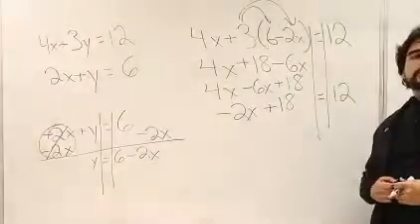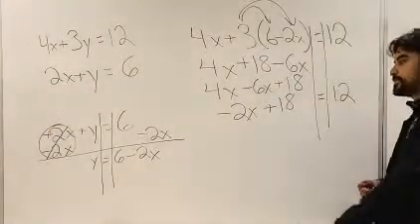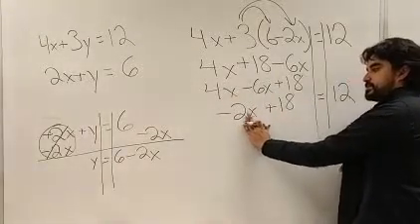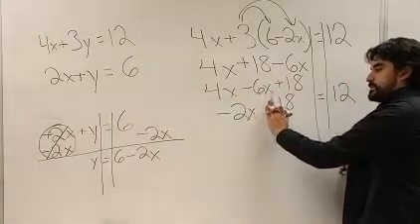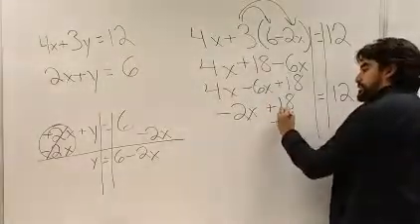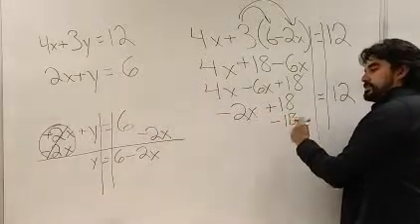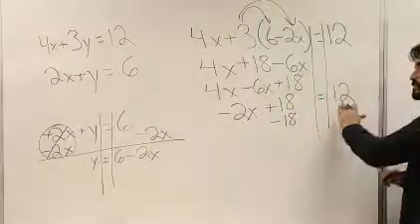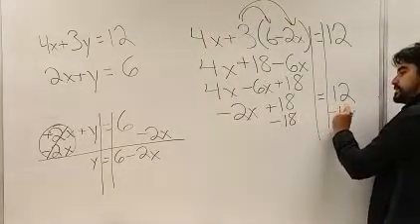How can I get the variable by itself? Same as before, I want to get this by itself, so I'm going to take care of my positive 18. The inverse operation would be minus 18. If I subtract 18 from my left side, I'm going to subtract 18 from my right side.